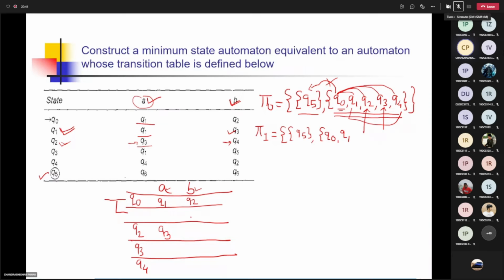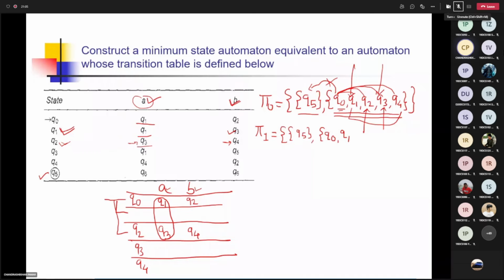So Q4 is here. Now we have to check the equivalence of Q0 with the Q2. So we will check that Q1 and this Q3 are within the one set or not. So Q1 is here and Q3 is also within the same set.